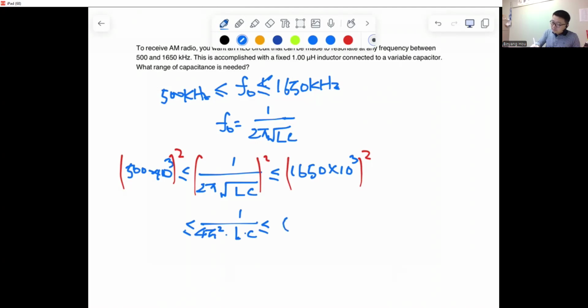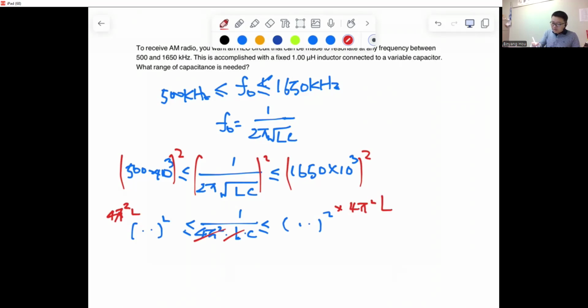I'm not going to copy those numbers down, but you can calculate them if you want. Multiply everything by 4 pi squared L to get rid of 4 pi squared and L there.